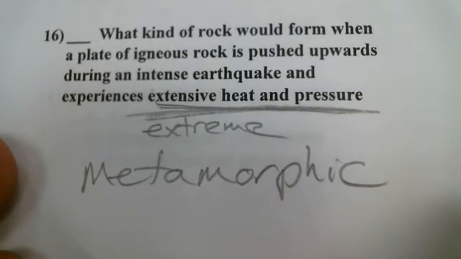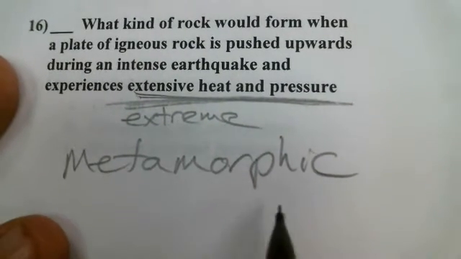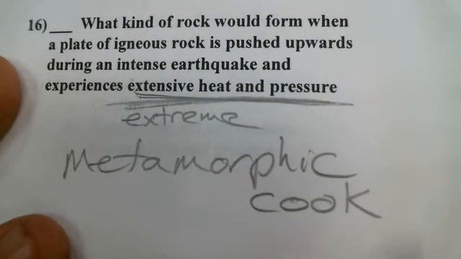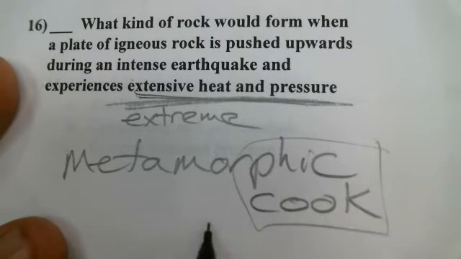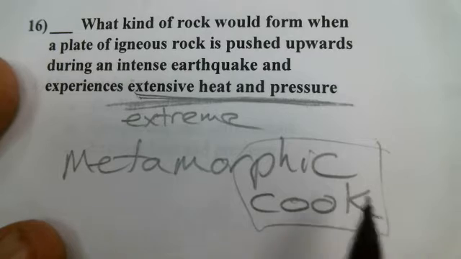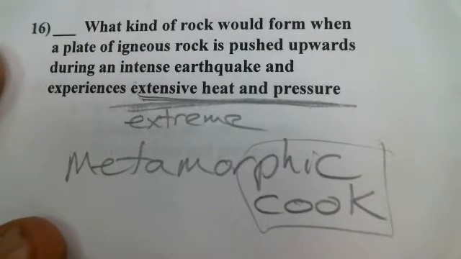Metamorphic rock. You can think about metamorphic and cook kind of have similar sounds at the end here. Metamorphic is when you cook rocks with extreme heat and pressure, thus changing their shape, or changing their crystal shape, I should say.